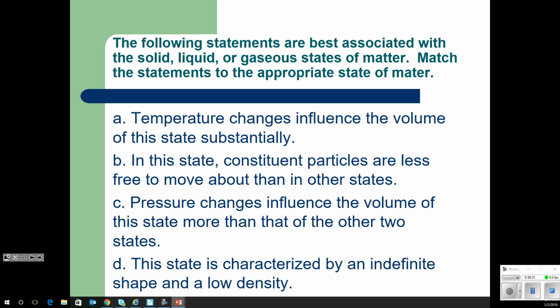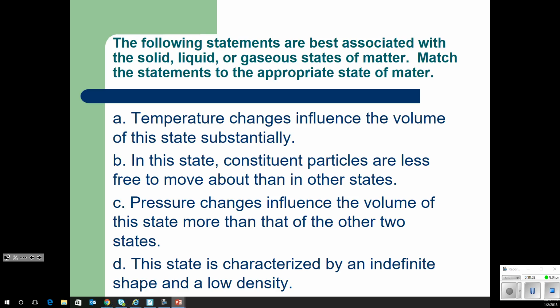The following statements are best associated with solid, liquid, or gaseous states of matter. Match the statement to the appropriate state of matter. Temperature changes influence the volume of this state substantially. Which one? I'm going to have you do solid, liquid, or gas.